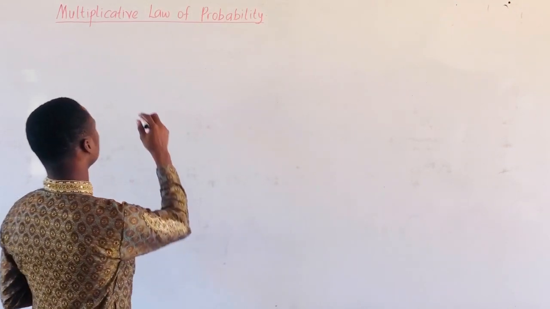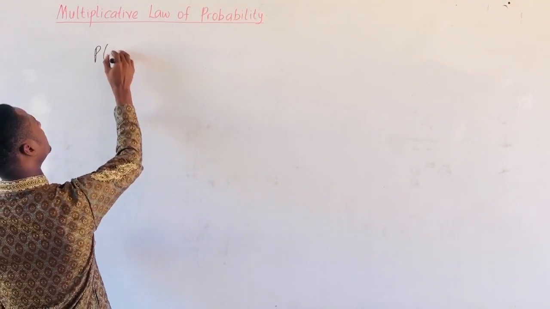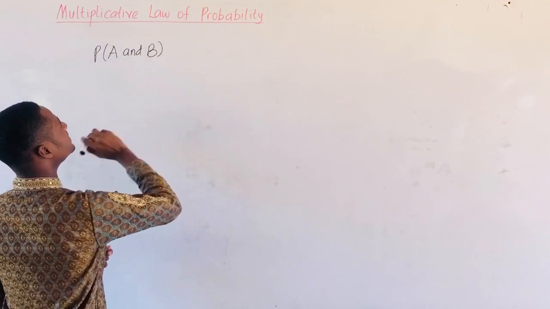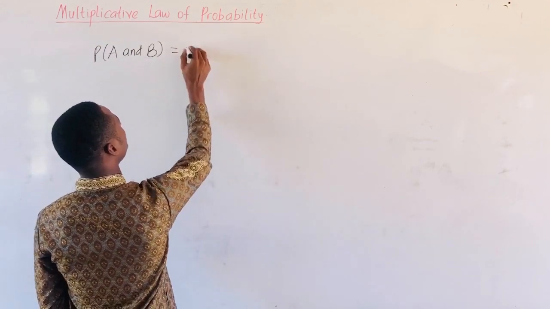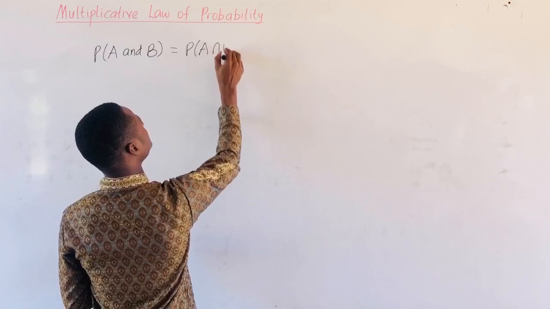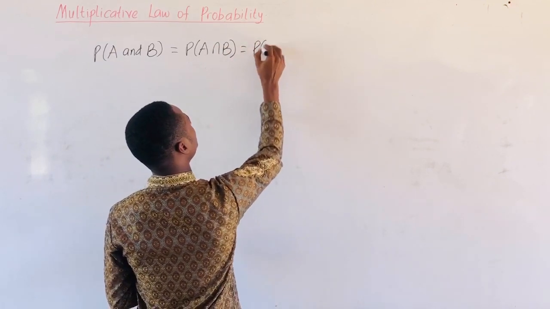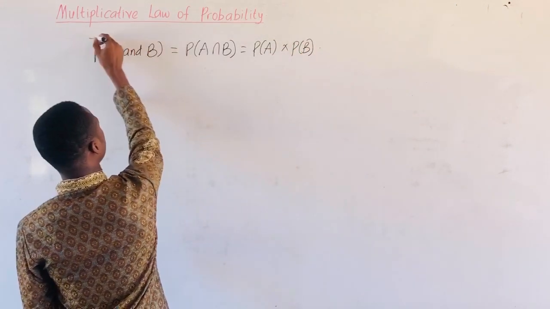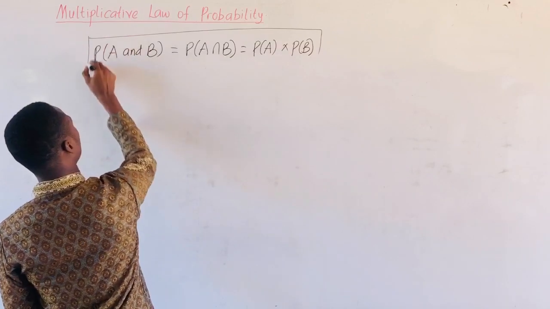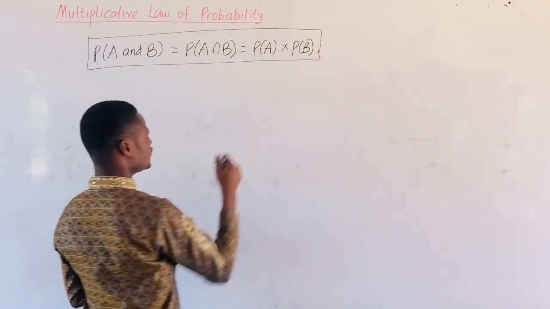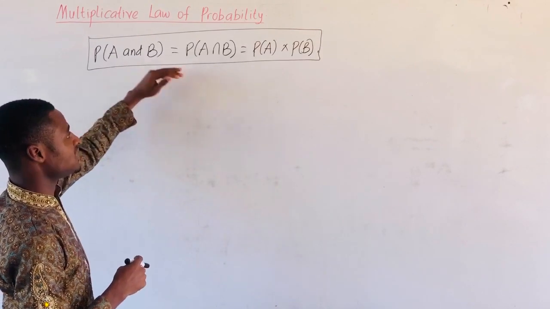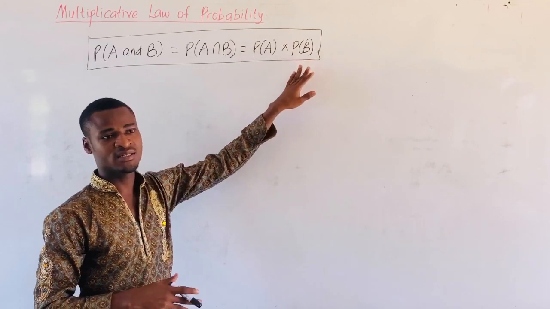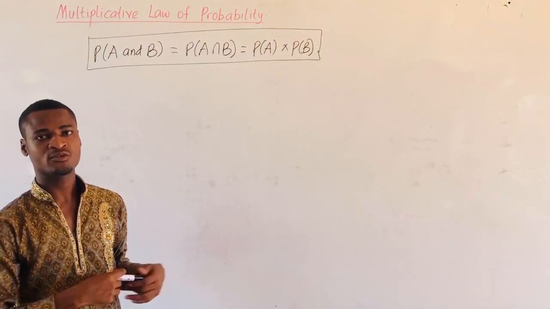Then if we are given two independent events, the probability that both events A and B will occur at the same time, which is also giving us A intersection B, is equal to the probability of A times the probability of B. This is called the multiplicative law of probability. The probability that two independent events will occur at the same time is the probability that A will occur times the probability that B will occur. We will use more examples to explain this law.